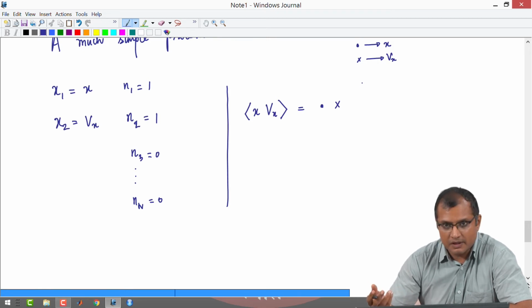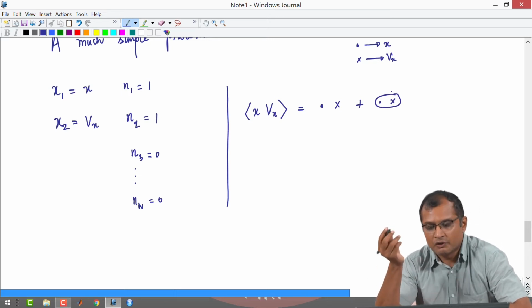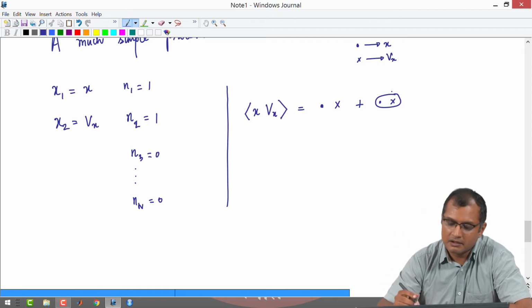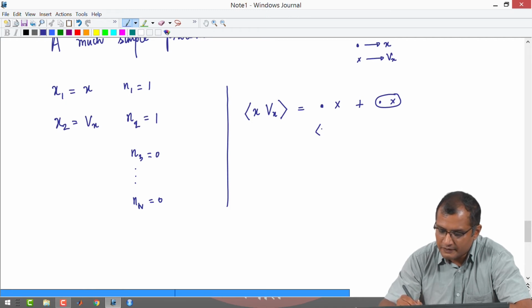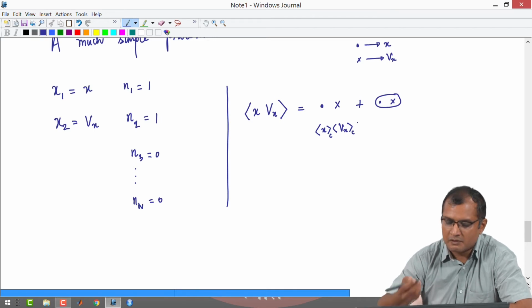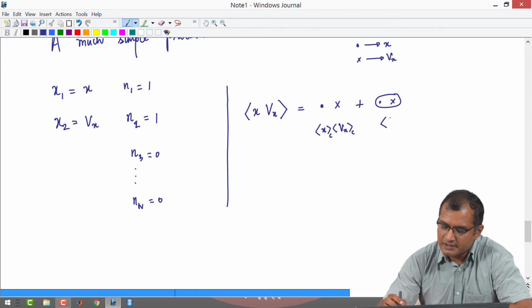I can leave them disconnected, or I can connect them. When you leave something disconnected, then it is basically a moment. So this is nothing but the moment of x into the moment of Vx, which is also their cumulant. We know that the first moment is also a cumulant, and when you make them connected, then this is simply a cumulant.